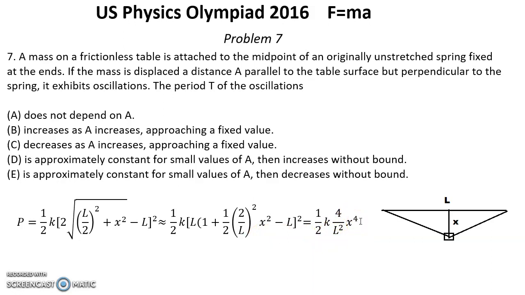And power 4 means that for very small amplitudes, we have a very long period going to infinity when x goes to 0. It means that only answer C is correct, that the period decreases as a increases and approaches a fixed value when x goes to big numbers, and the other answers are not correct.